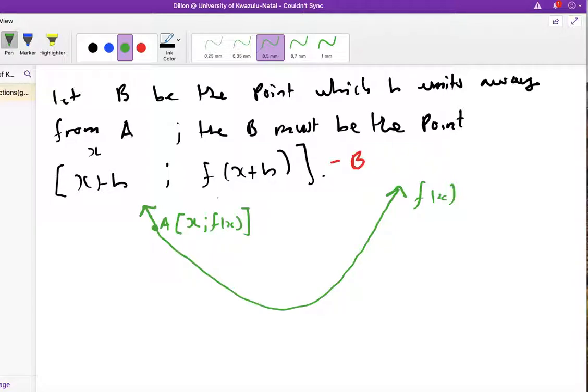Remember this is just like y and x. And we said let B be a point which is h units away from A. So B was the point x plus h with corresponding function value f of x plus h. And this is your new x value here and your y value. So we got a straight line.